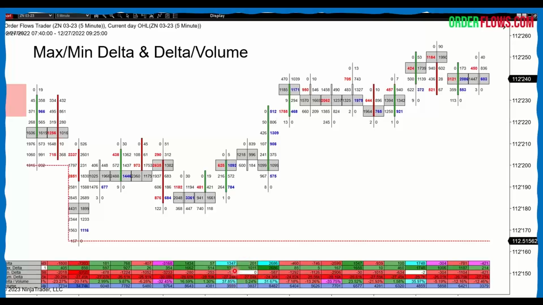So in this case, we have the delta of 1347 divided into the volume, 3559, that's 37%, right? That's a bullish reading, okay? Just as over here, you had a bearish reading of 32%. So not only do I have the delta itself being bullish, but I have the delta volume also being bullish.